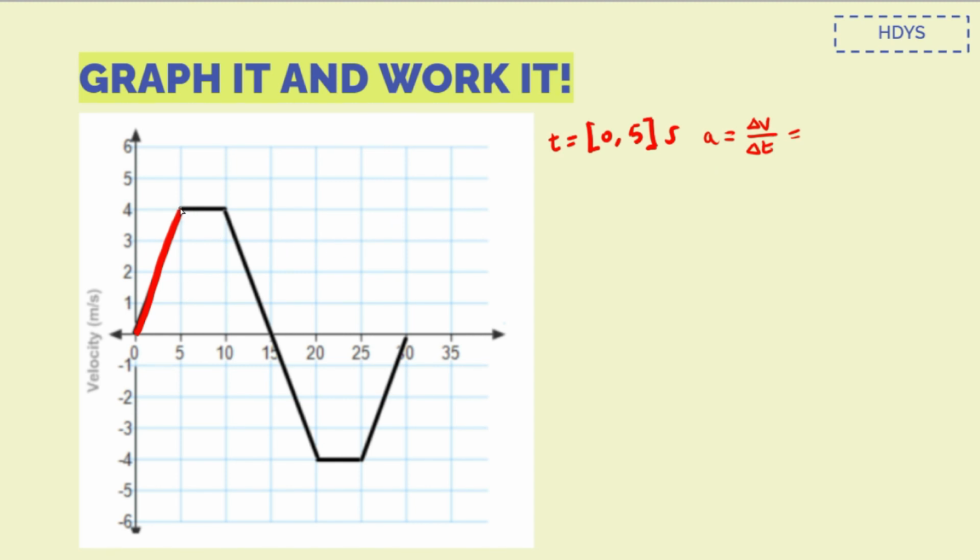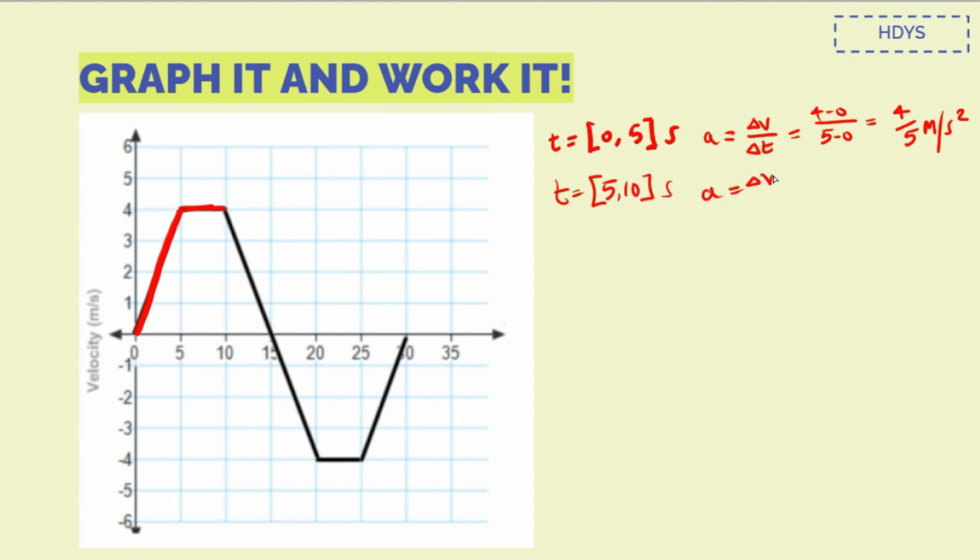We have to take velocity final minus velocity initial. So we have 4 minus 0 over 5 minus 0, the time. Which just gives us 4 over 5 meters per second squared. Do not forget your units, as acceleration will always be meters per second squared, unless defined otherwise. And then for this part, t is equal to 5 to 10 seconds.